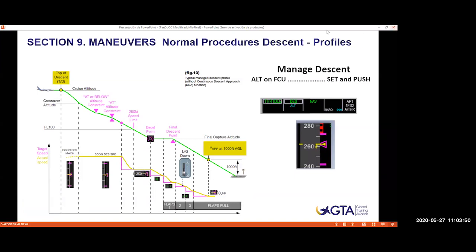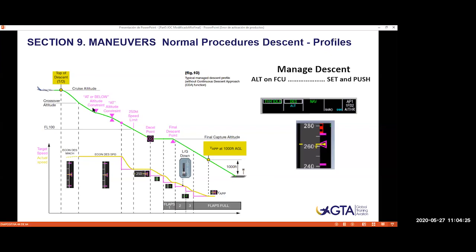And remember that we can fly in selected mode or managed. If we are going to descend in managed mode, we only have to press the altitude knob, and when we have selected a new altitude, the aircraft is going to descend in the way that the FMNGC, this big computer, prepares for me.